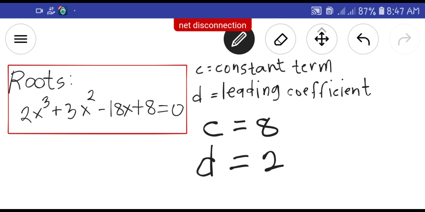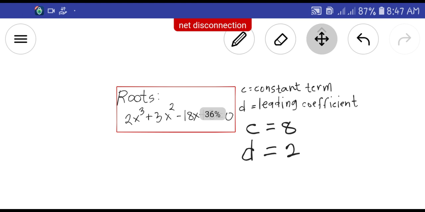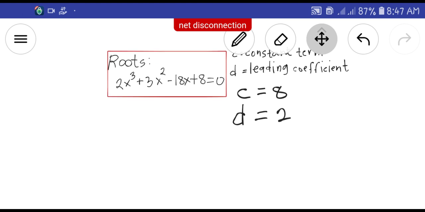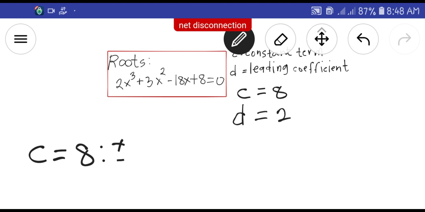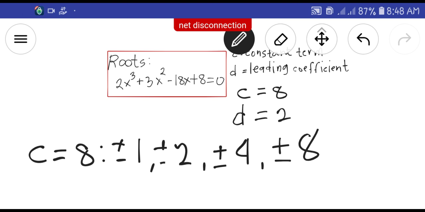Now what you need to do is get the positive and negative factors of your constant term, the 8. The positive and negative factors of 8 are positive and negative 1, positive and negative 2, positive and negative 4, and lastly positive and negative 8.